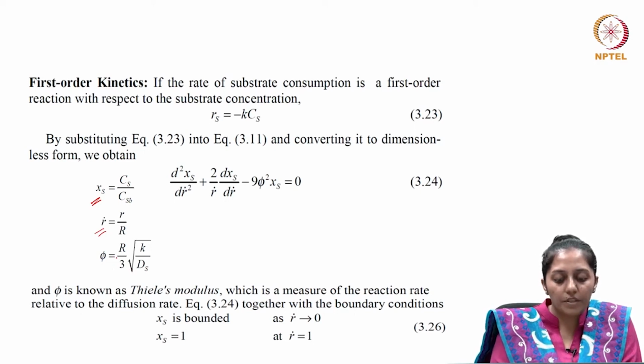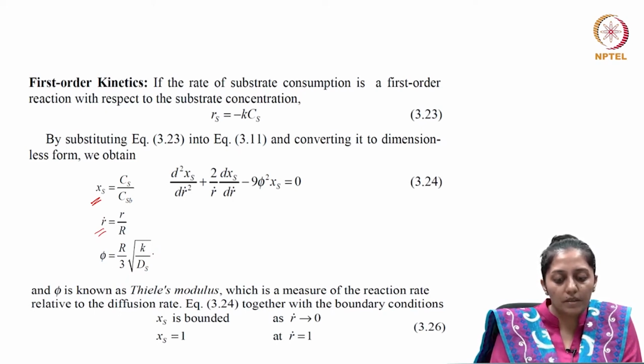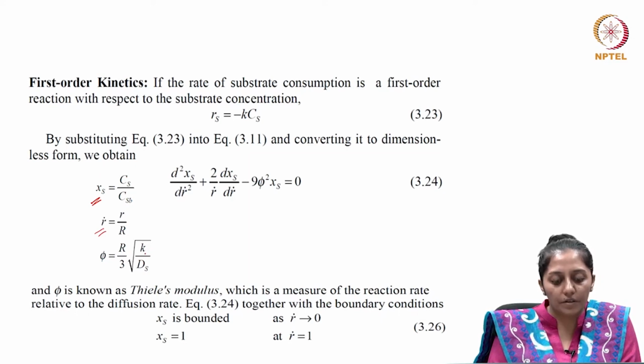And phi is a club of constants after rearrangement. These constants include the reaction rate constant and the diffusivity, with the radius of the pellet. Phi is called the Thiele modulus.